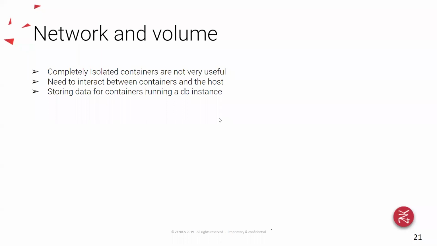Maybe we have a container that's running a database, and we have a container that's running our application, and our application is to talk to our database. If they are completely isolated, there is going to be no interaction between the two, right? And that's not very useful to us. So we want to be able to set up a network between them.